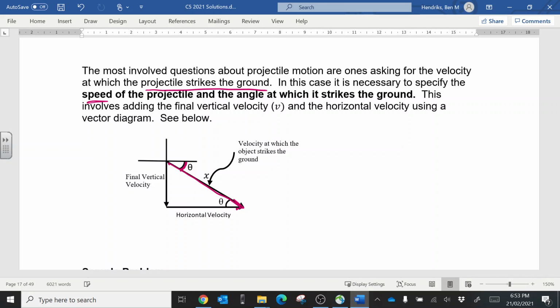Because this is the horizontal along here, the angle theta is always below horizontal. That's the direction that we call it. So rather than northeast or northwest, we call it below horizontal.